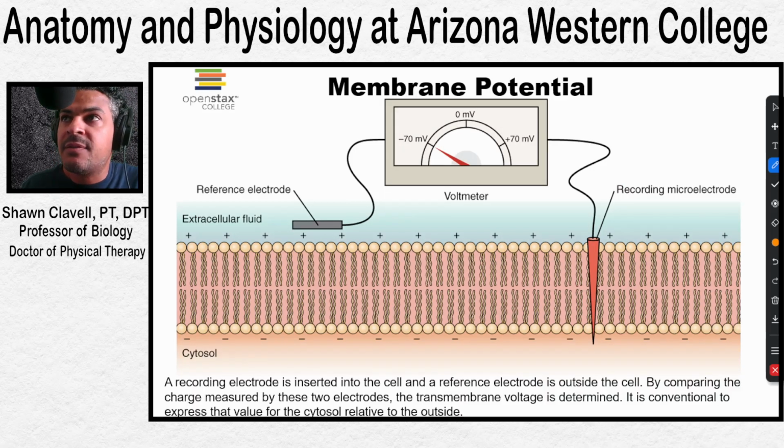And so there we have that concept of membrane potential, usually somewhere in the range of negative 60 to negative 90 relative to the outside of the cell. That inside recording electrode gives us a negative charge. Let's just say negative 70 is the charge on the inside of the cell.